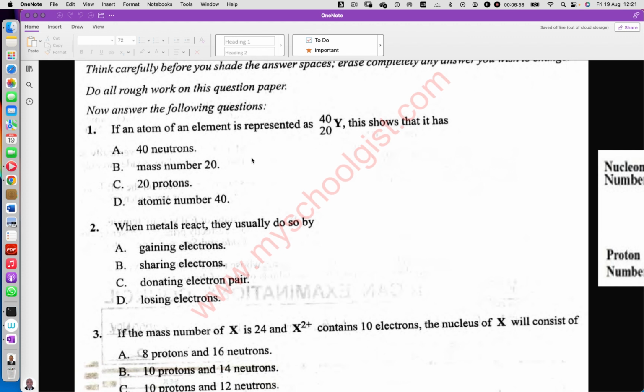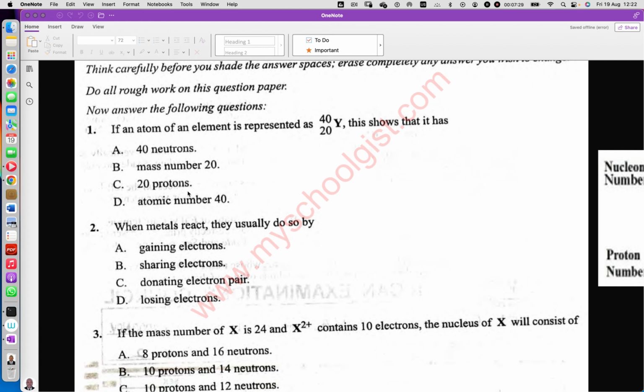So our answer here for question number 1: 20 is the proton number, 20 is the number of electrons. So A, 40 neutrons, no. B, mass number 20, no. C, 20 is the number of protons, 20 protons.